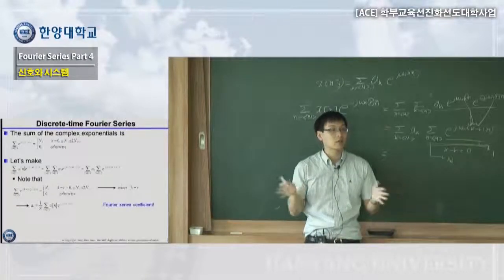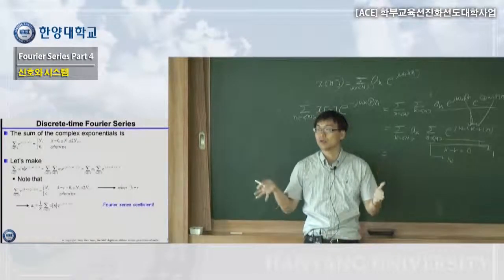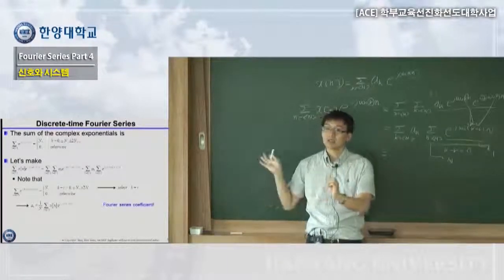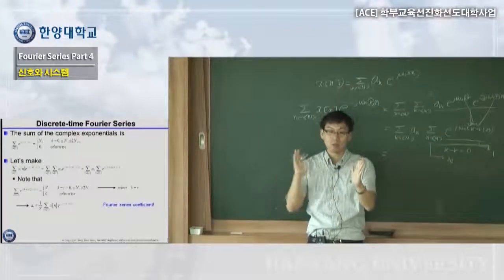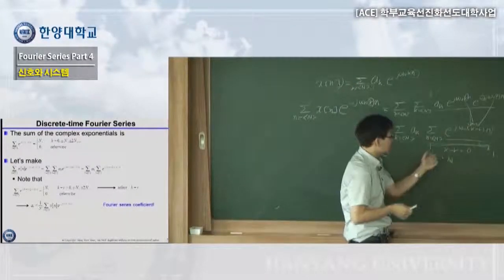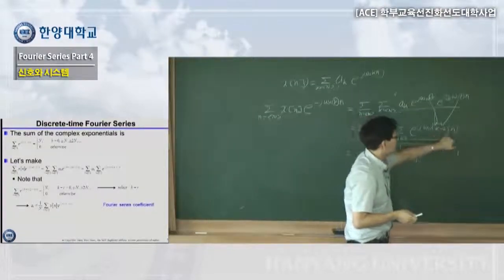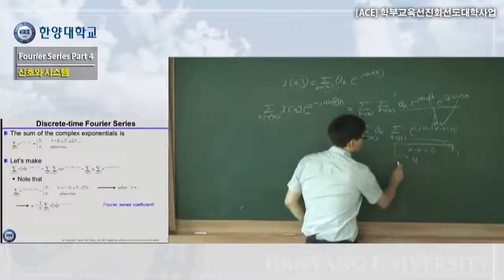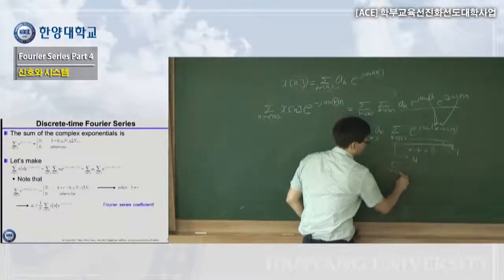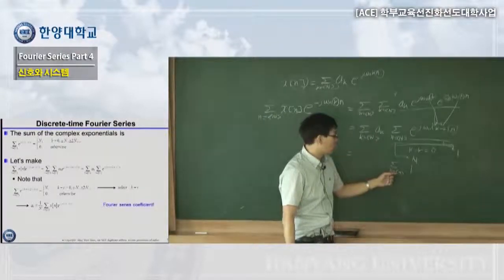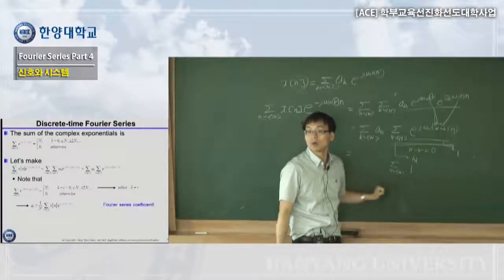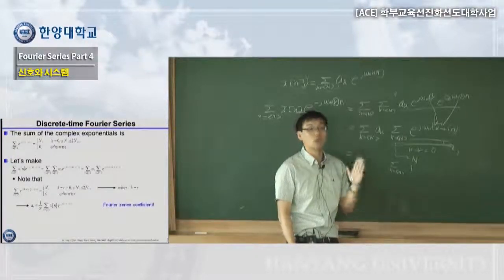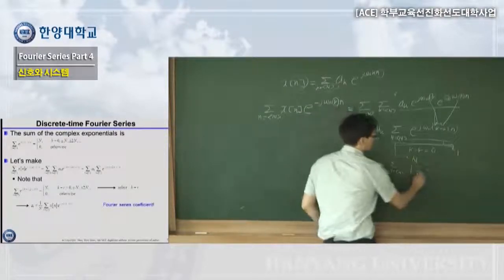If you integrate sine or cosine over a period in continuous time, it will be 0, except the case of cosine 0t, which is the integration of 1. In here, we make this one 0, that means everything is 1. We are adding sigma of 1 from 0 to N minus 1, for example, or 1 to N. Adding N number of ones. So that means what? It is N.